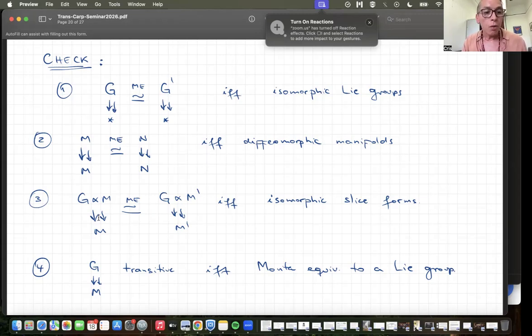If you look now at the transformation groupoid of an action of G on a manifold M and of G on a manifold M′, being Morita equivalent means that they have essentially isomorphic slice forms.